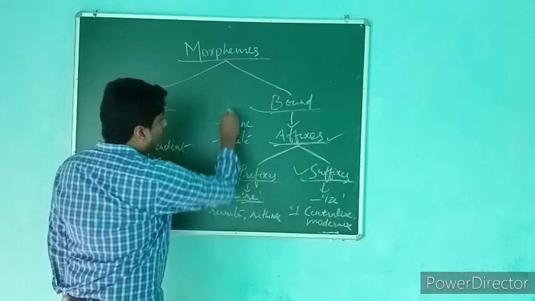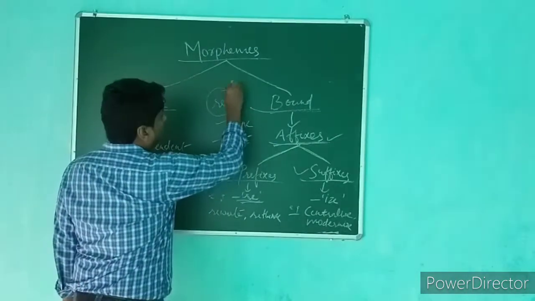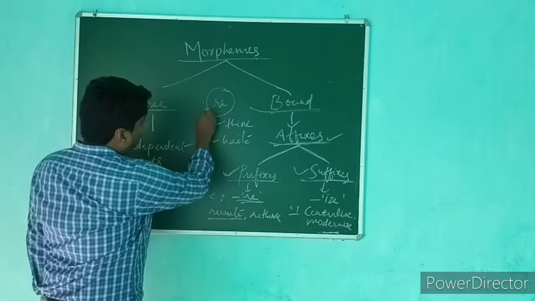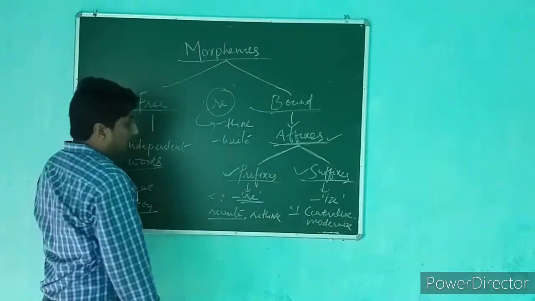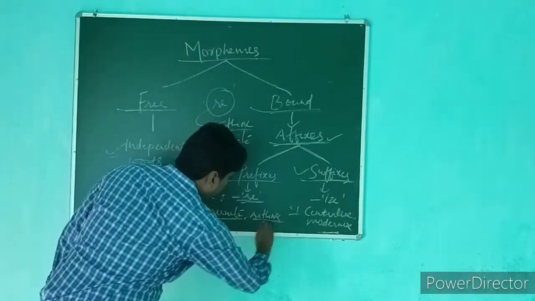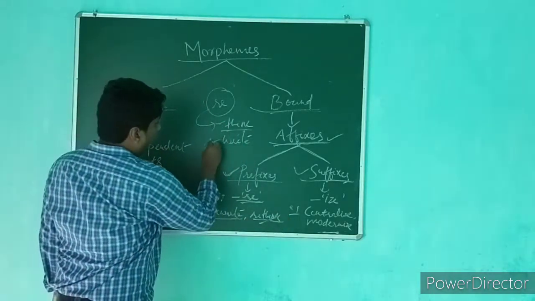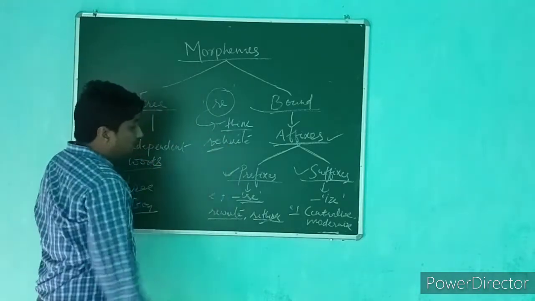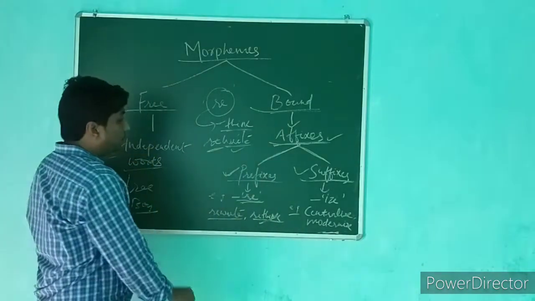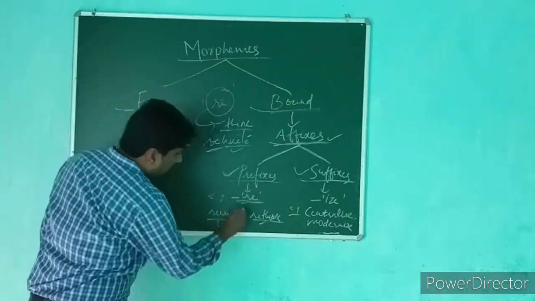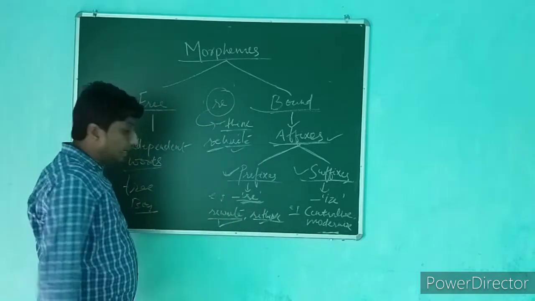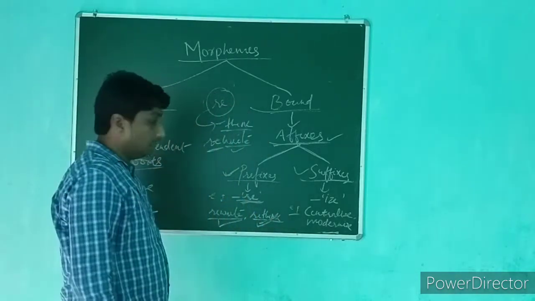Now when we add re as a prefix to the word think, it becomes rethink, right? Similarly, if we add the prefix re to the free morpheme write, it becomes rewrite. So the prefix re can be used to make words like rewrite and rethink.